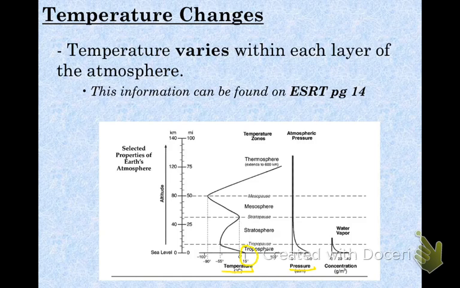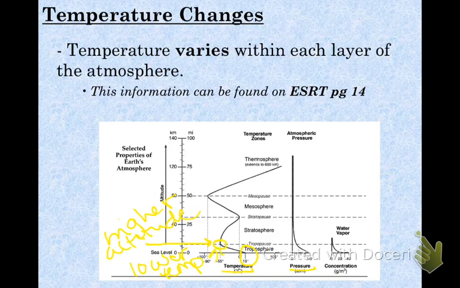Here, the temperature is 15 degrees at sea level, and then the temperature gets to be a negative reading as you increase in altitude. So here it's a higher altitude but lower temperature.